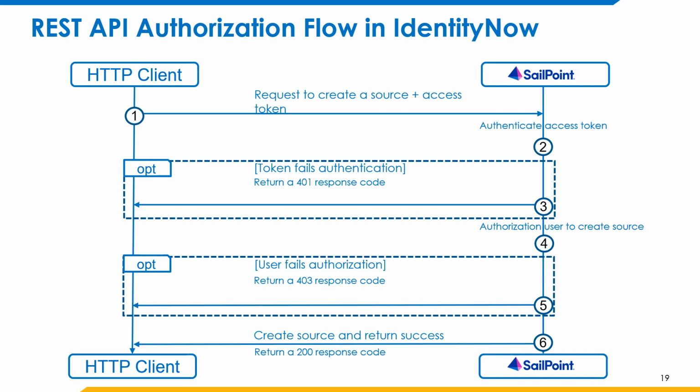The HTTP client makes a request for creating a source in a particular resource to an IdentityNow endpoint with the header. Here the authorization is a bearer token. If the request itself and the JWT access token in its headers are valid, then IdentityNow responds to that client with JSON code syntax and returns a 200 response code.